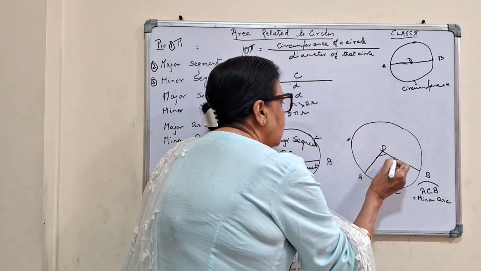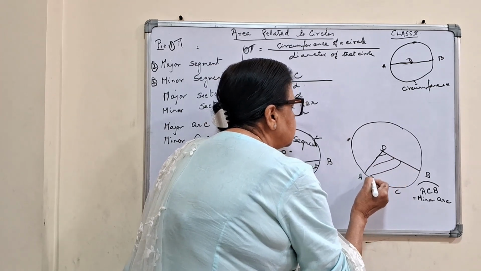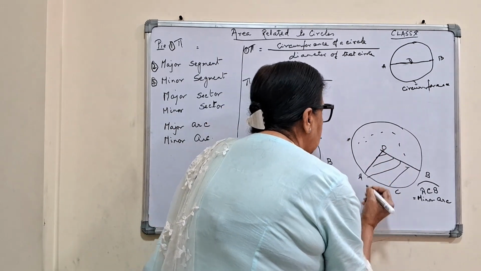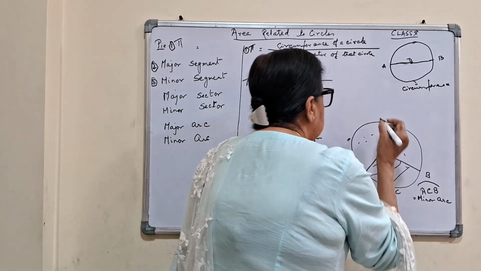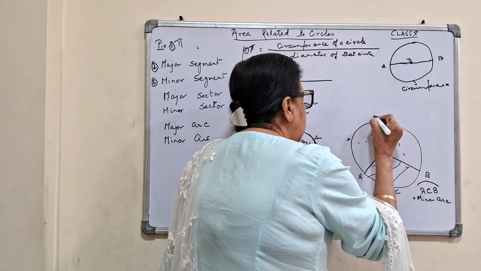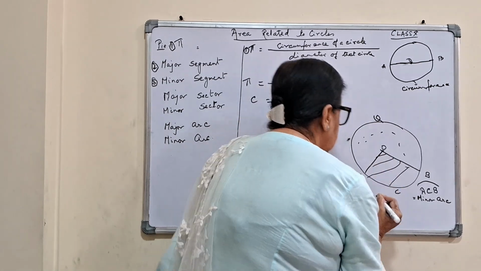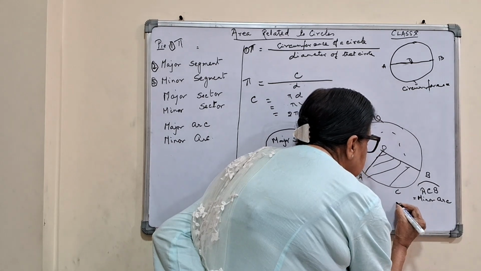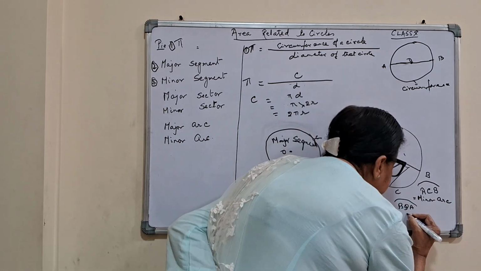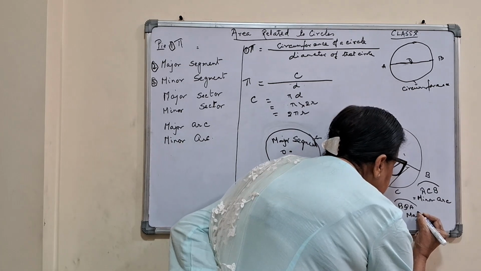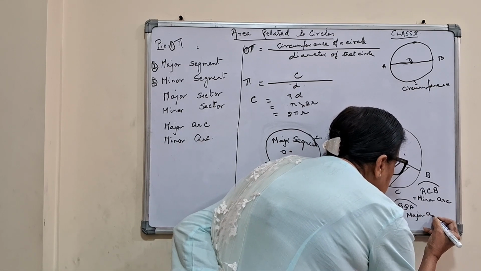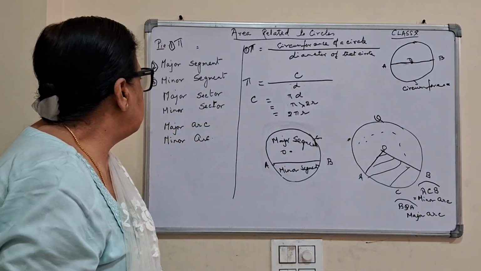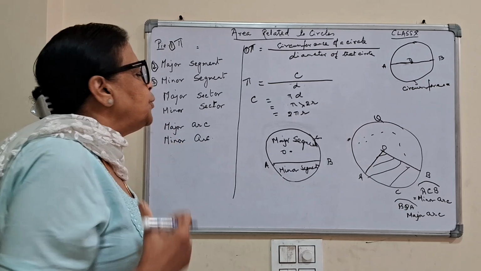This is the minor arc, and the other one is the major arc. This one is the major arc, B, Q, A is the major arc. Major arc.